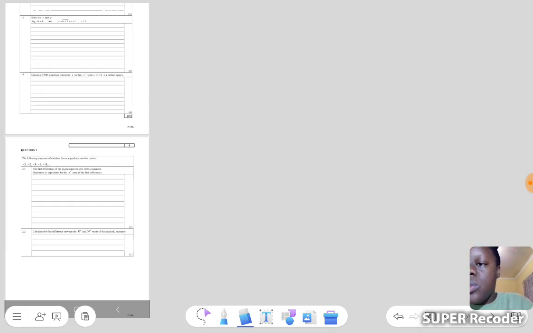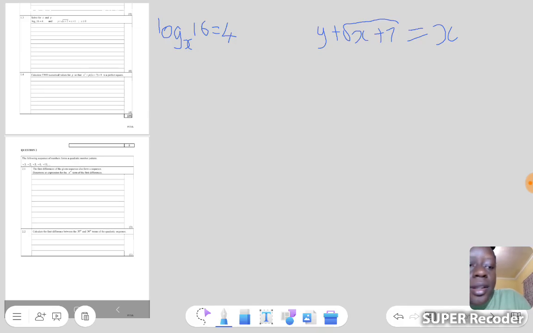1.3 we are told to solve for x and y given that we have log base x of 16 is equals to 4, and y plus root of x plus 7 is equals to x plus 1, like this.